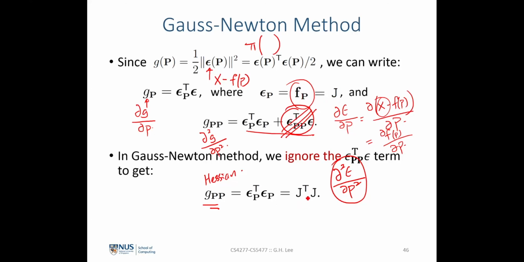So what this means is that we now can approximate the Hessian matrix, which was computationally expensive to compute, with the product of the Jacobian matrix over here. And this would be much easier to compute, since we only need to compute the Jacobian once.